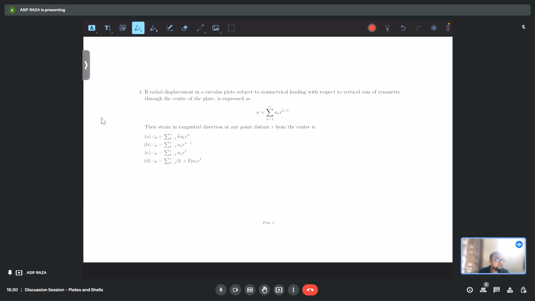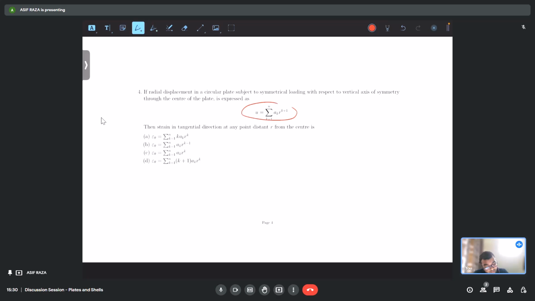Now the fourth question: if the radial displacement in a circular plate subjected to symmetrical bending loading with respect to the vertical axis of symmetry through the center of the plate is expressed by this function, then what is the strain in the tangential direction at any point distant r from the center?